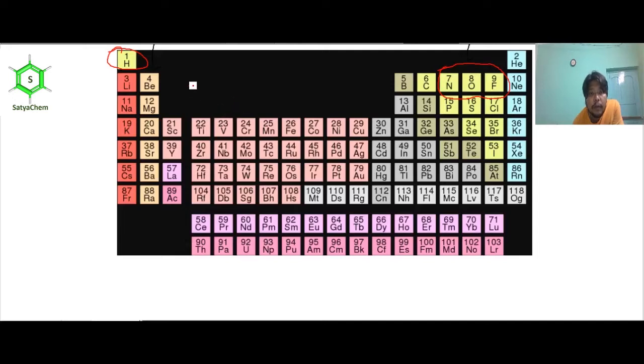We know that on moving from left to right, electronegativity increases, whereas on moving from right to left, electronegativity decreases, and that is why hydrogen is electropositive and nitrogen, oxygen, fluorine are electronegative.